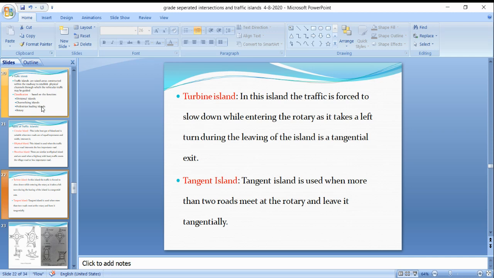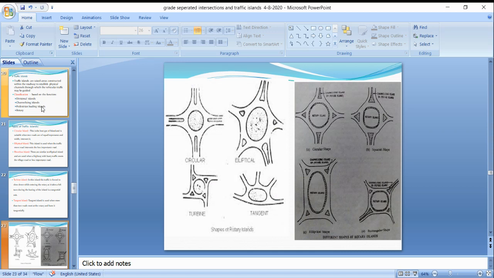Next comes the tangent island. The tangent island is used when more than two roads meet at the rotary and leave it tangentially. Here you can see the figures, turbine and tangent. Where vehicles should go in the tangential direction, we provide the tangent island. Where it should slow down and take a left turn, the turbine island should be there.